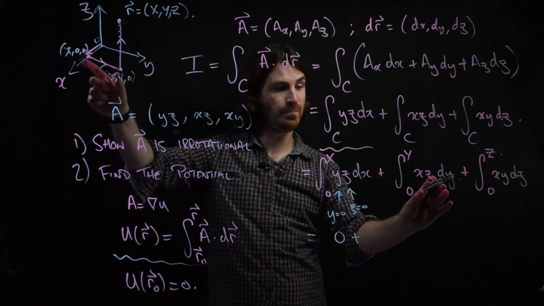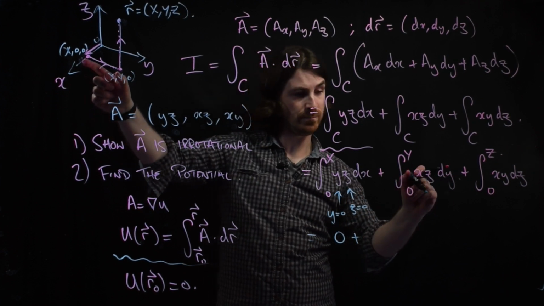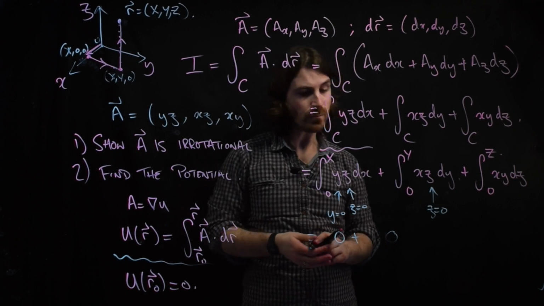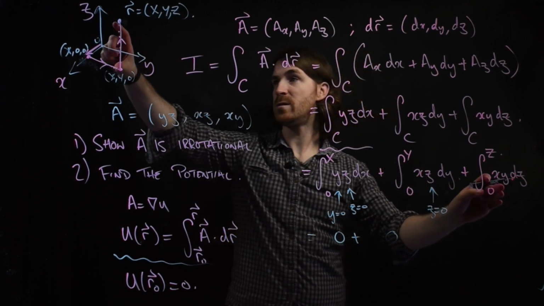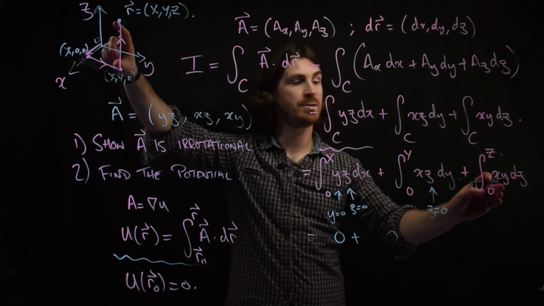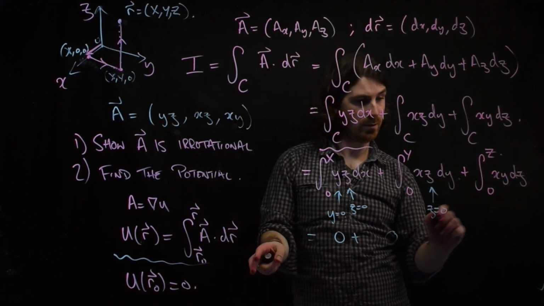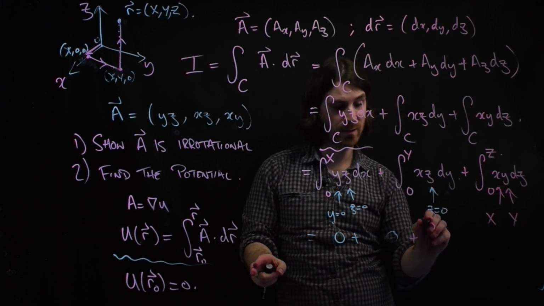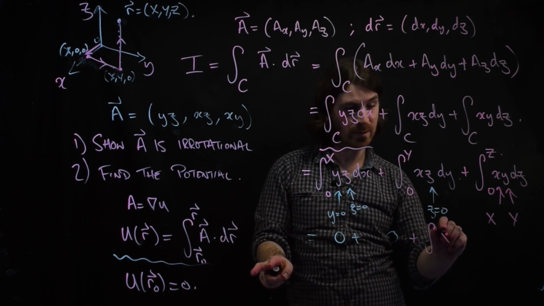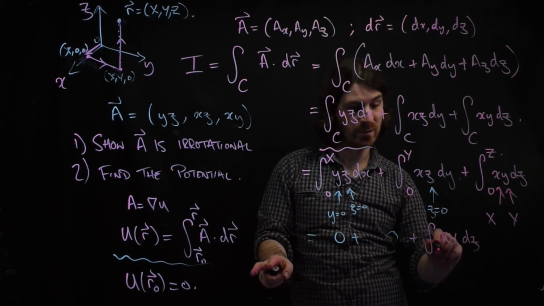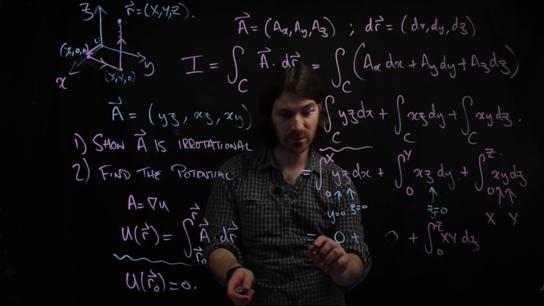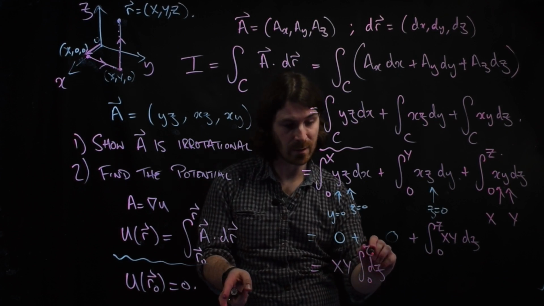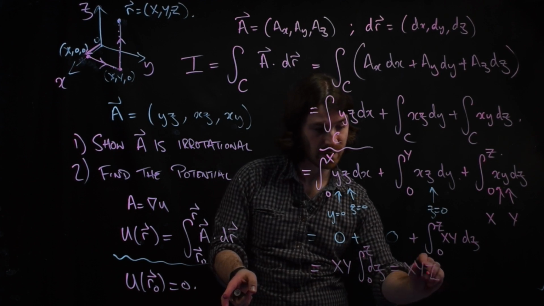Here x is not 0, but z is 0. Okay, so we get 0 for this term. And then finally we've got this section where x is not 0, y is not 0. Okay, but x here is equal to big X, y is equal to big Y. So we've got plus the integral of x, y, dz between 0 and Z. And xy, that's just a constant. X, y, integral dz between 0 and capital Z, which is just x, y, z.